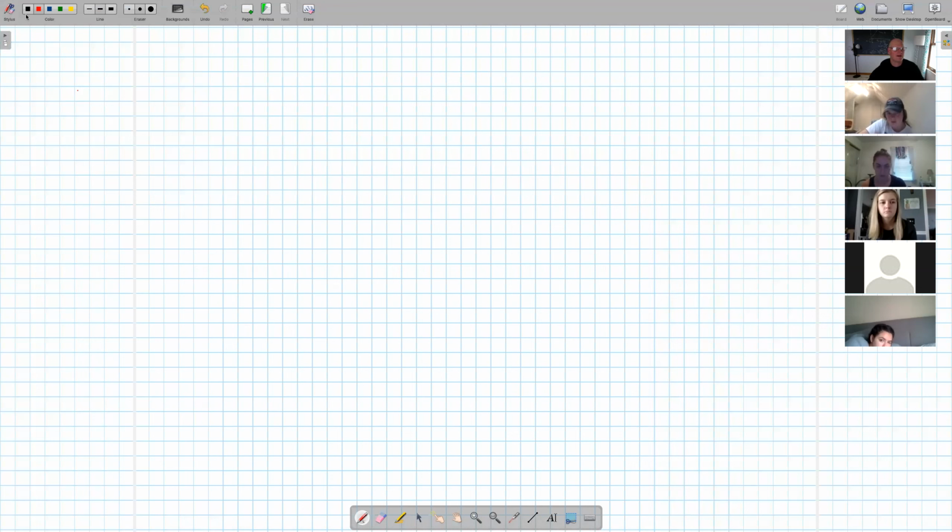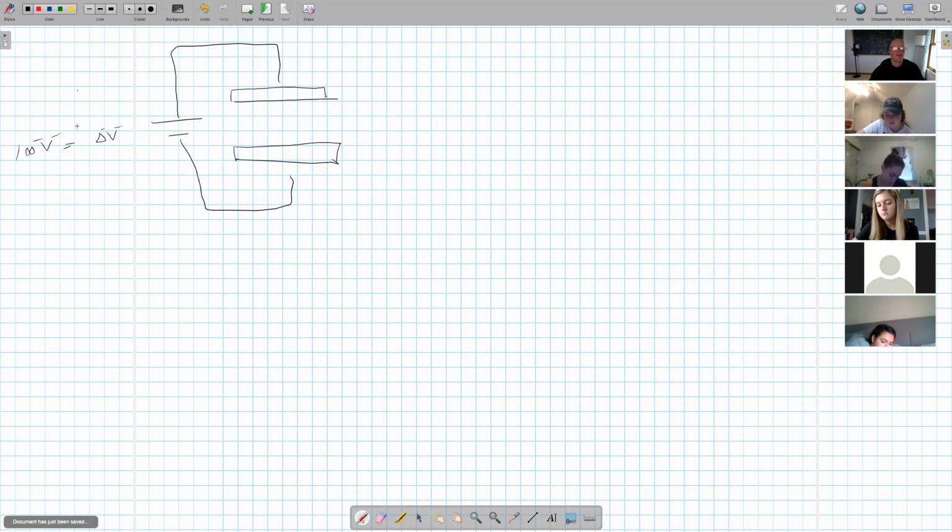Okay, so here are our plates. I'm going to connect this to a battery, where the battery has a potential equal to 100 volts, so that across my plates I have a 100 volt potential.